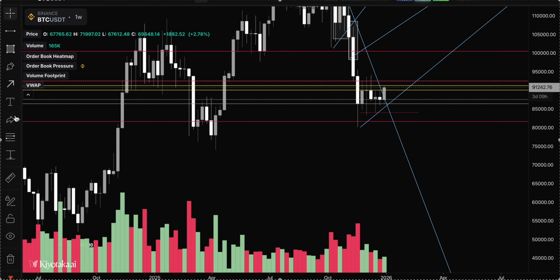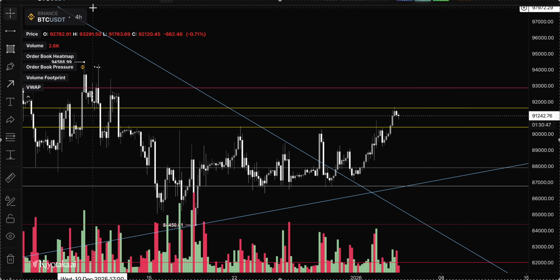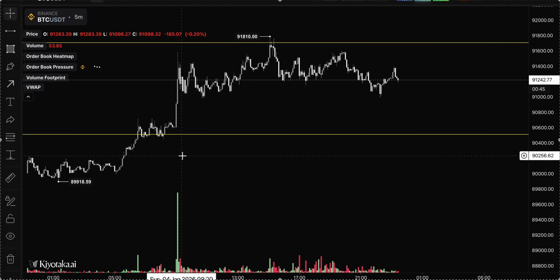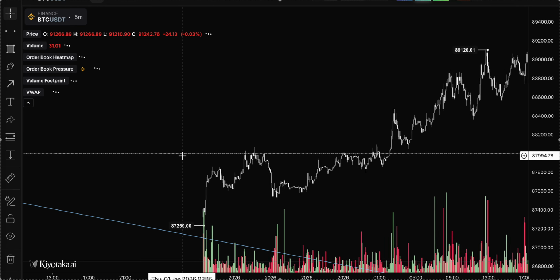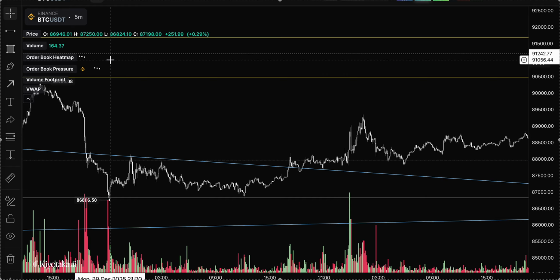Let me show you, and then I'm closing this. Reading order flow is relevant around these lines.